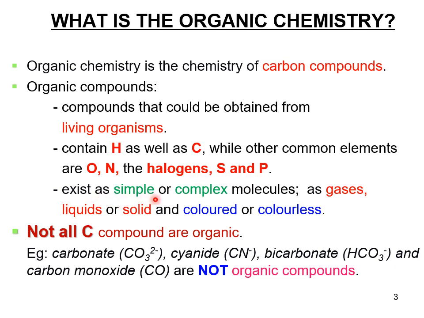They exist as simple or complex molecules, can be gases, liquid or solid, and colored or colorless. But not all carbon compounds are organic. For example, carbonate, cyanide, bicarbonate, and carbon monoxide are not organic compounds.